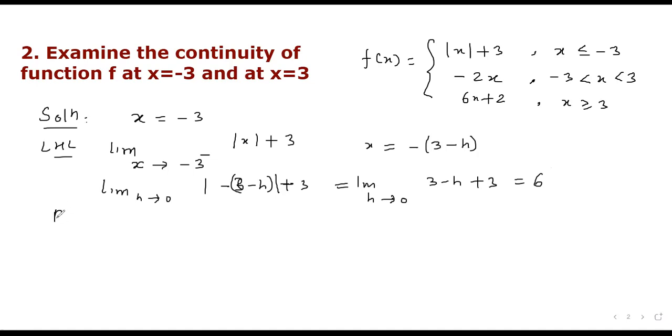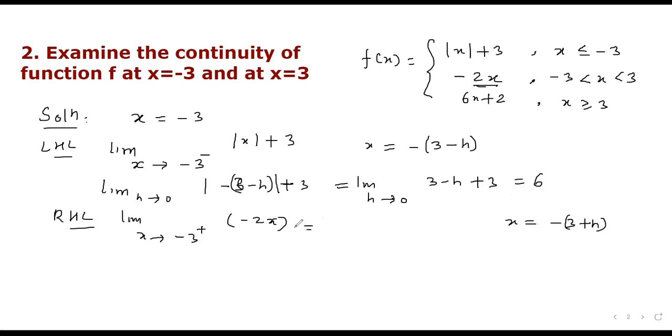Now we consider RHL. For RHL, we take this value. So limit x tends to minus 3 plus, and the function is minus 2x. But before that, let's assume x equal to minus 3 plus h.